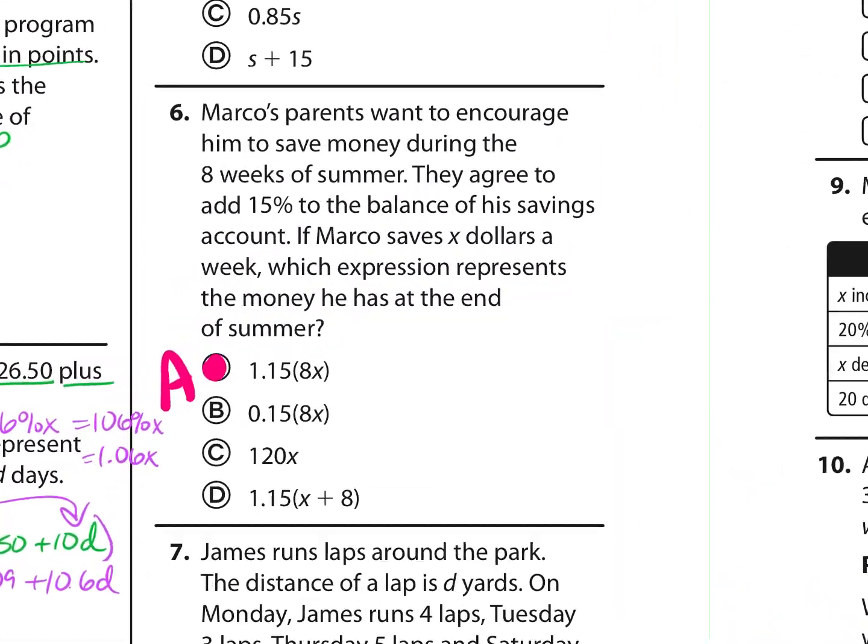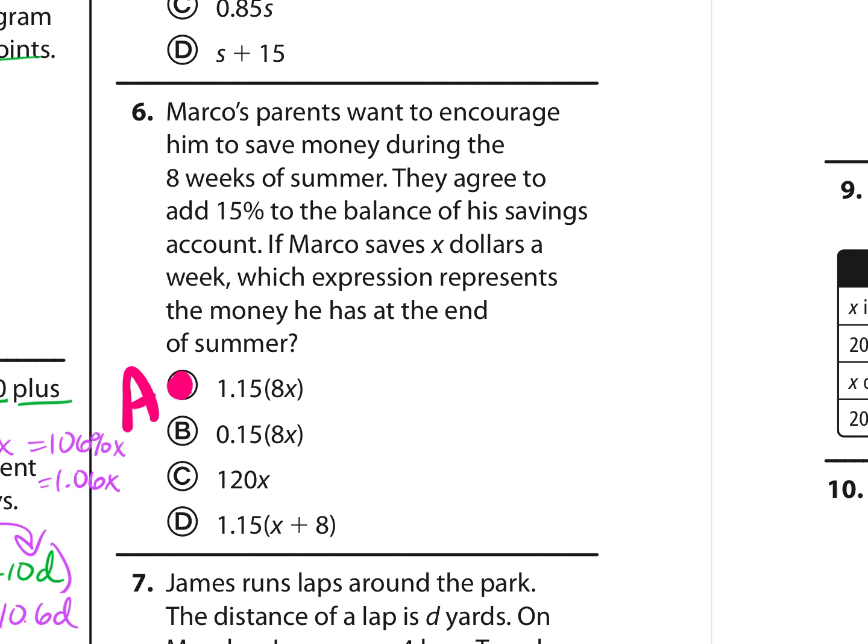Number 6. Marco's parents want to encourage him to save money during the 8 weeks of summer. They agreed to add 15% to the balance of his savings account. If Marco saves X dollars a week, which expression is what he has at the end of the term? Well, he's earning X dollars a week for 8 weeks.